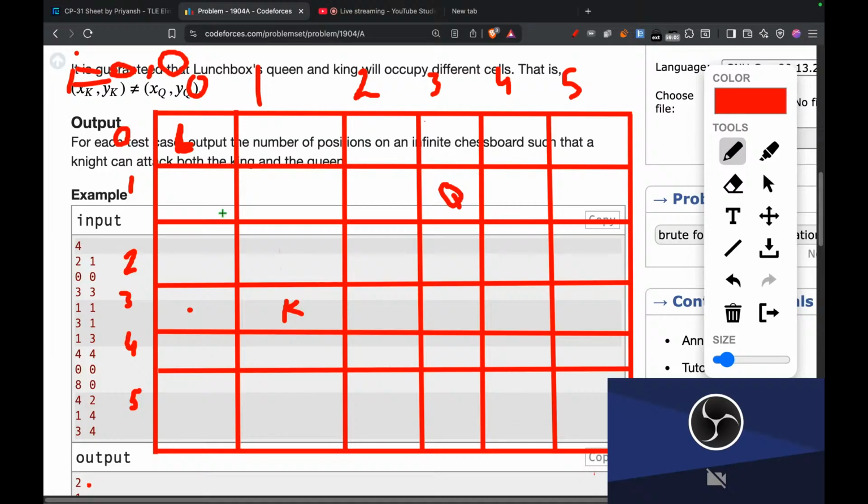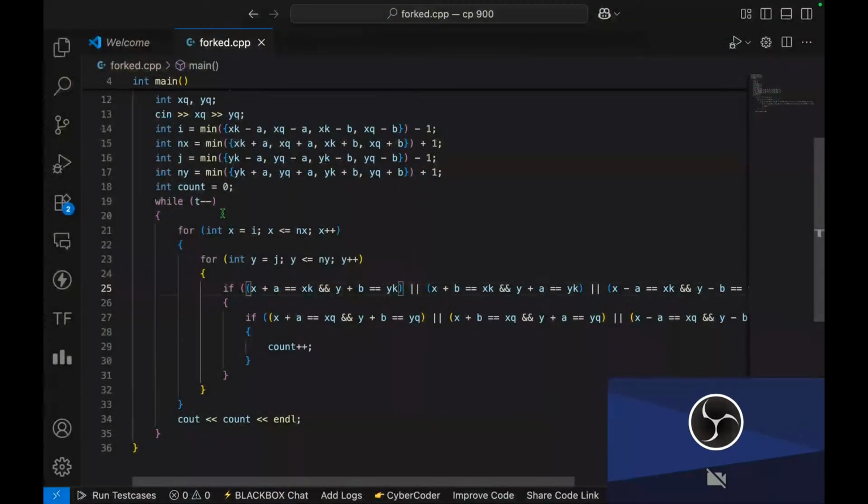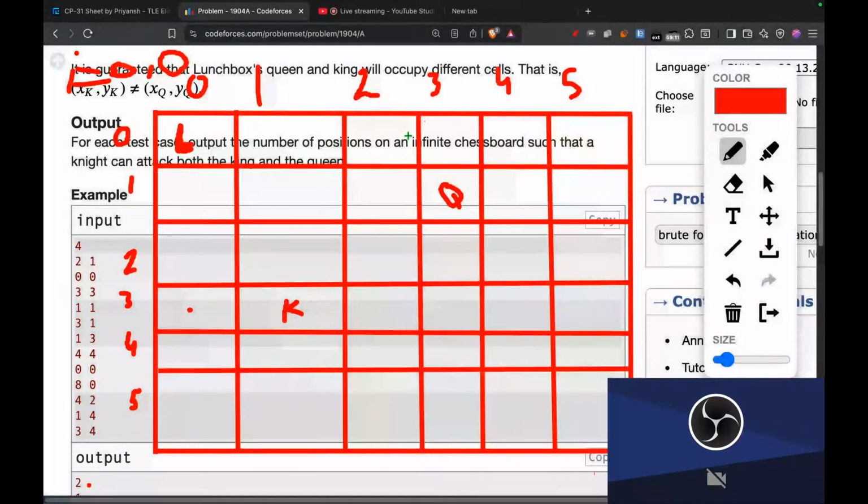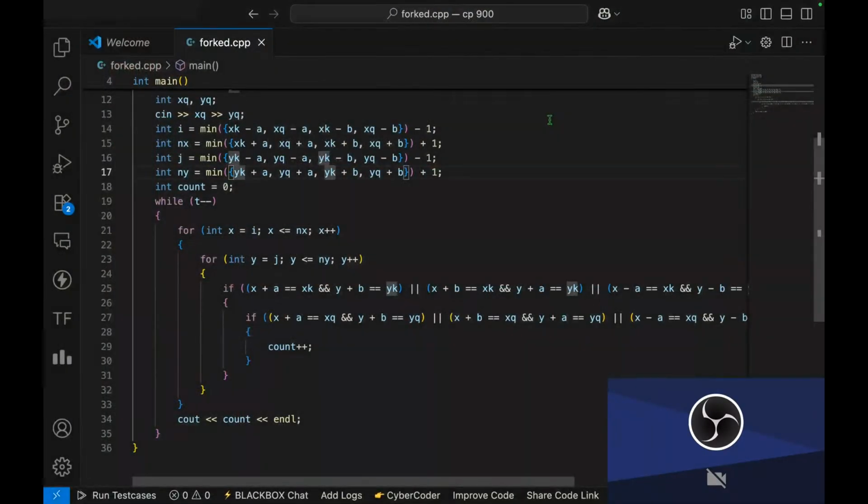What did we do next? Our maximum is xk plus a and yk. So x maximum is this and y maximum is this. So this is our maximum. We did plus one also, minus one also.